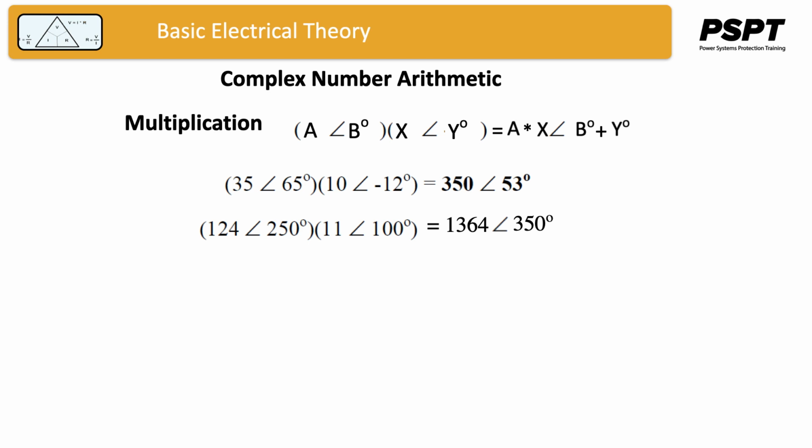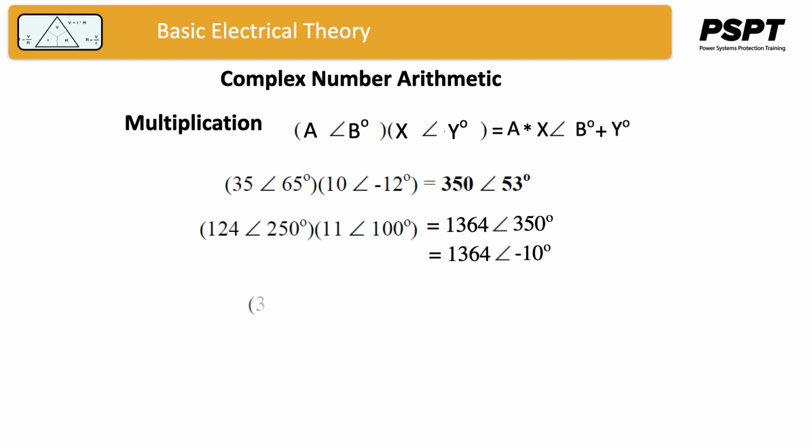Or you could describe it as minus 10 degrees as well. So you would add the angles together to get the resultant angle, which is 350 degrees. So your resultant would be 1,364 at 350 degrees, or 1,364 at minus 10 degrees.